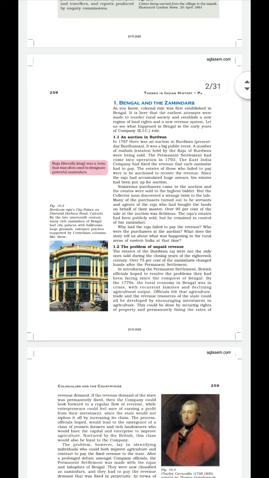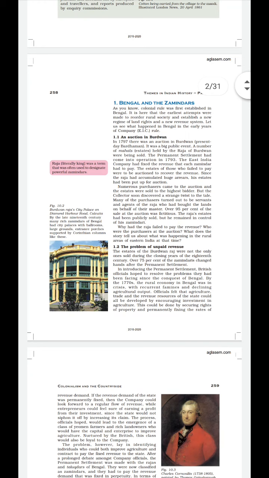Clear? Now, according to the sunset law, the Jamindar needed to pay the revenue to the company before sunset, within the fixed date, for example within the 10th of every month.